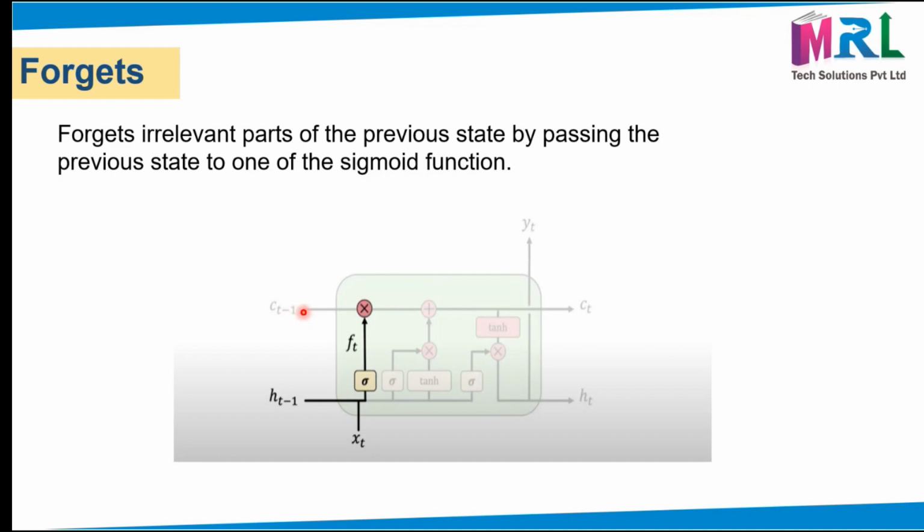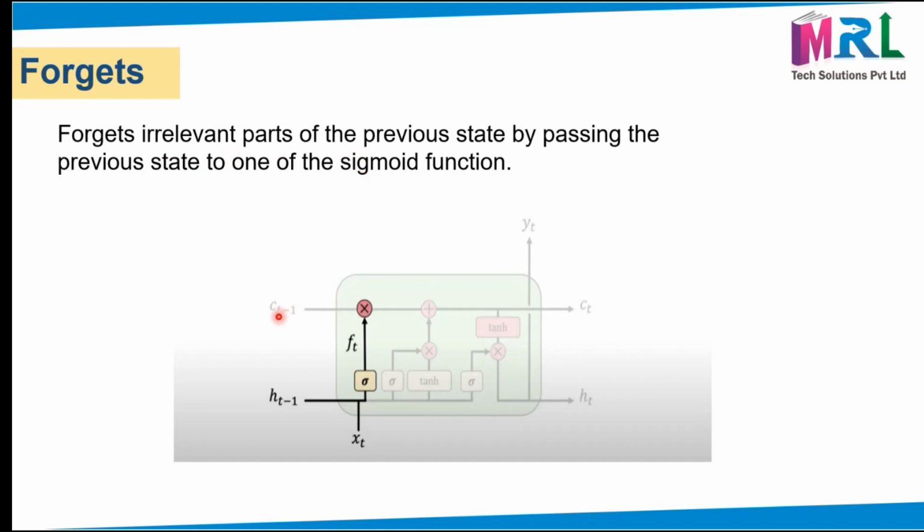If you are storing that information related to the correct statement, we can pass it. If you have the wrong prediction, which is not needed for the prediction, you can stop it by sending new values from the input. That means it forgets the irrelevant parts of the previous state.